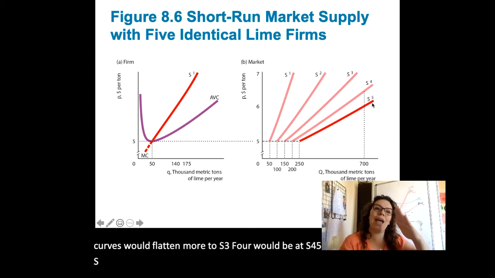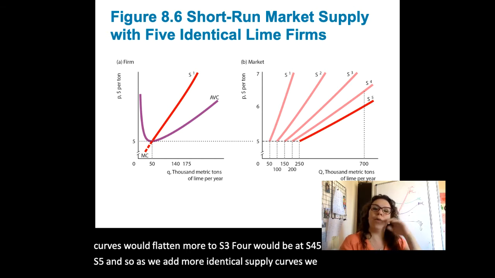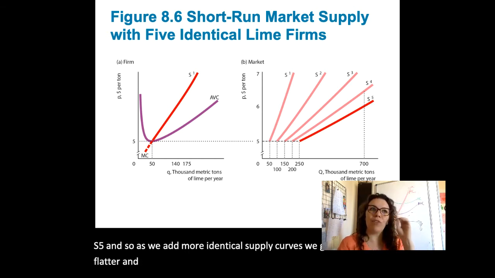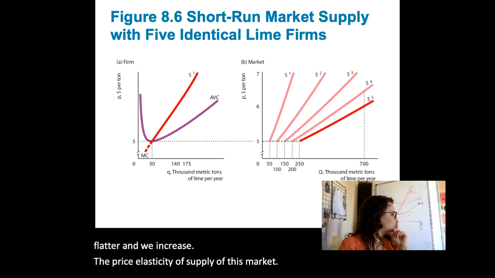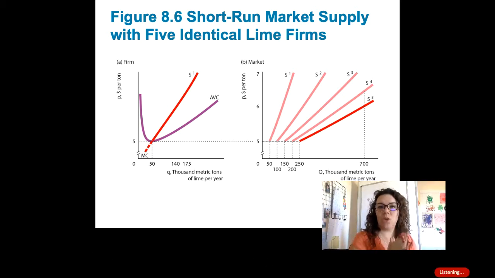And so as we add more identical supply curves, we get flatter and flatter, and we increase the price elasticity of supply of this market. So that's what this is showing us.